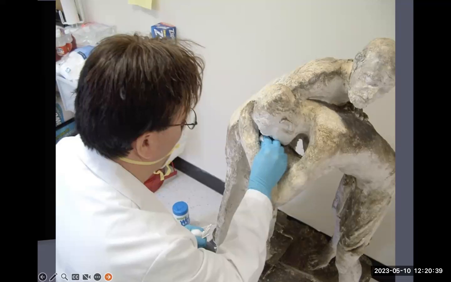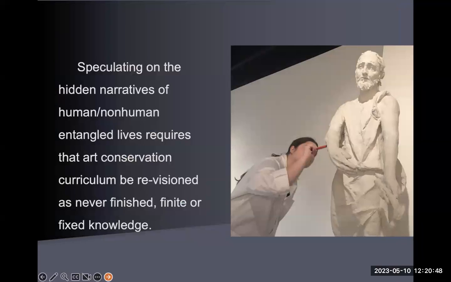This could include their own breath and how it might change the molecular makeup of the object centuries later. The inclusion of human and non-human object narrative documentation and storytelling could be essential to reforming art conservation education away from being so human-oriented an approach.